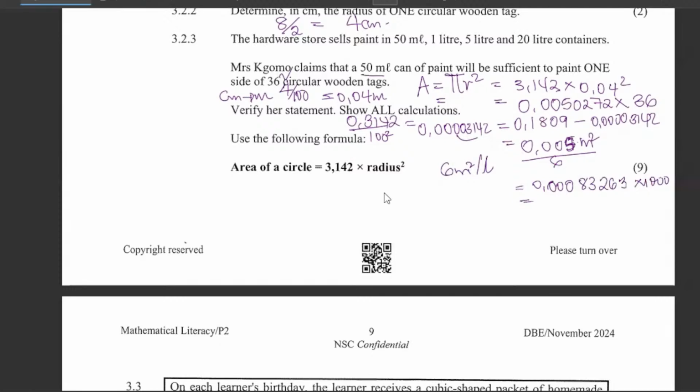So multiply it by 1,000 and I will get 0,8 milliliters. The statement is valid.